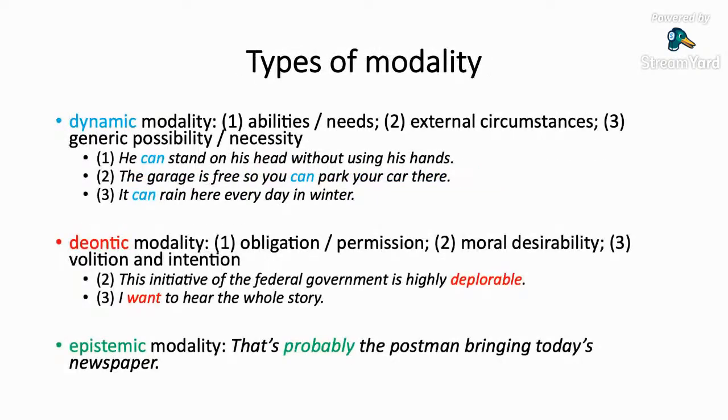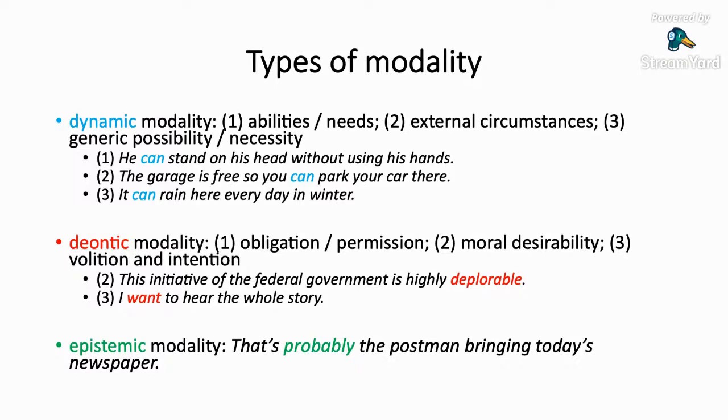Now, let's see more specifically the types of modality. Until now, we have just said that modality is the expression of the notions of necessity, possibility, and volition. But when do we encounter modality? We encounter it when we speak of imagined situations.